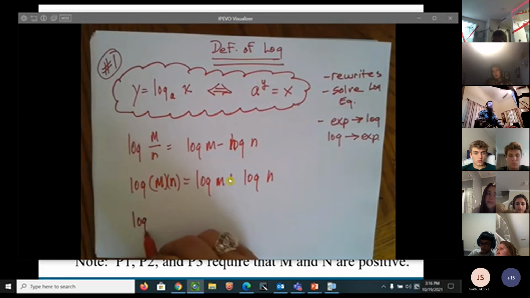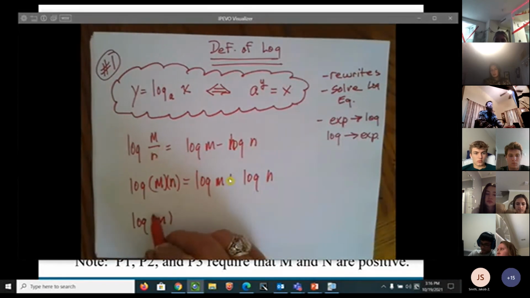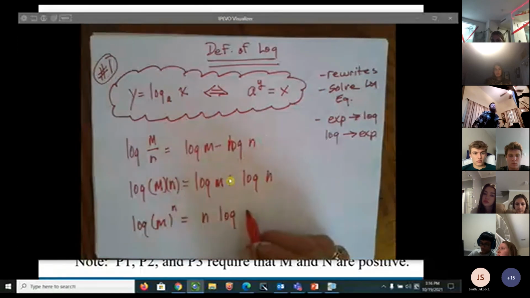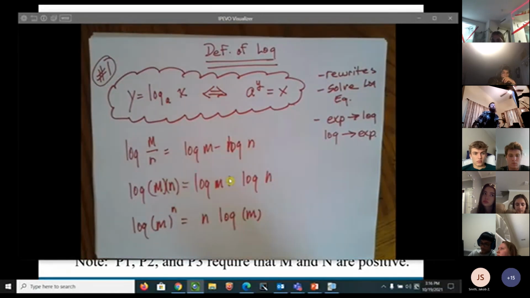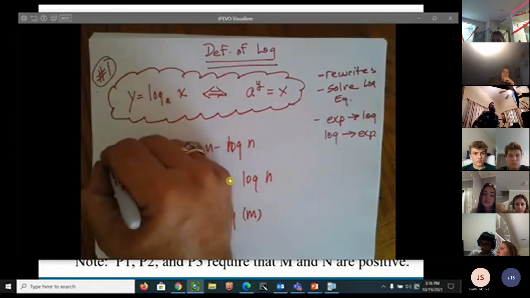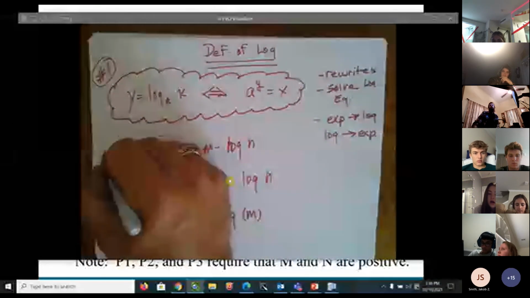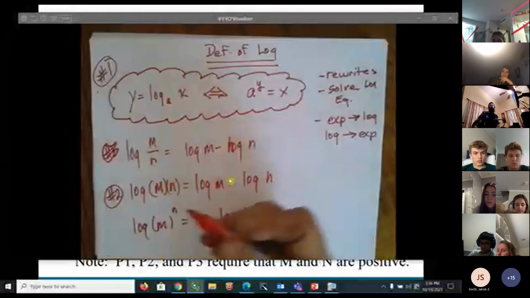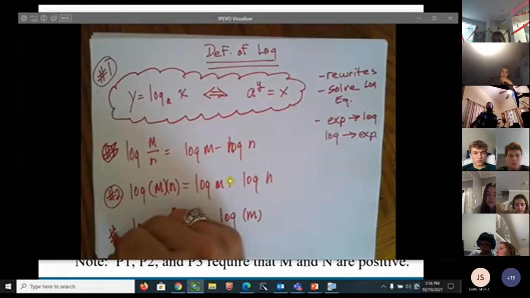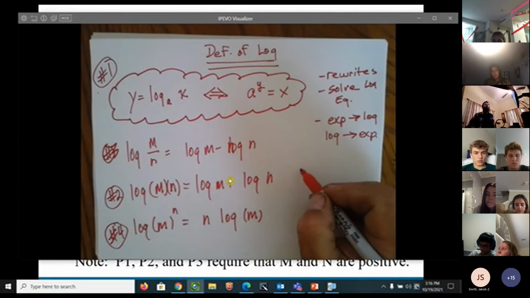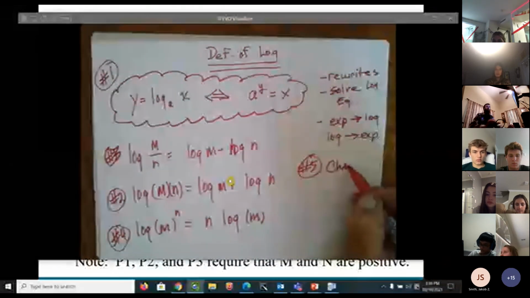And log of m to the n power is equal to n times the log of m. Okay, so there's number 1, number 2, number 3, and number 4. The change of base formula is in there also, number 5.